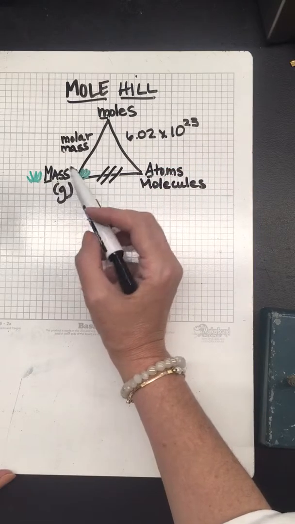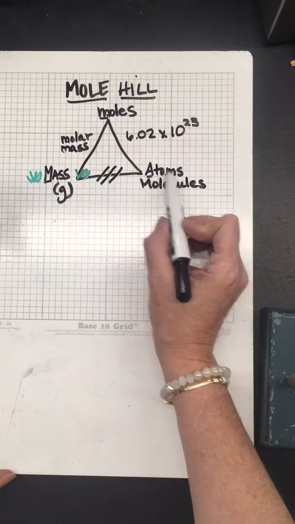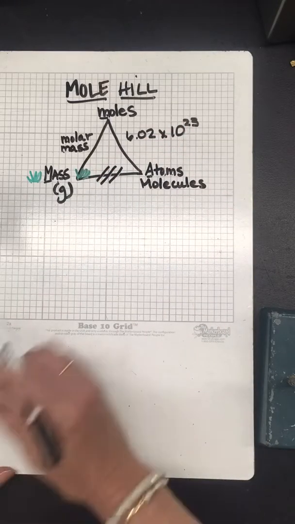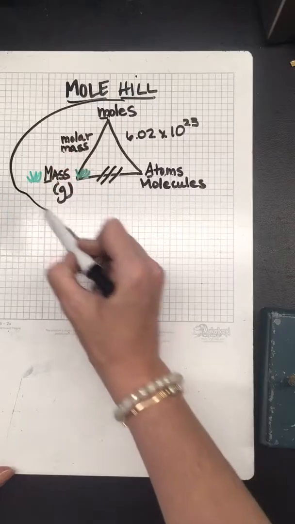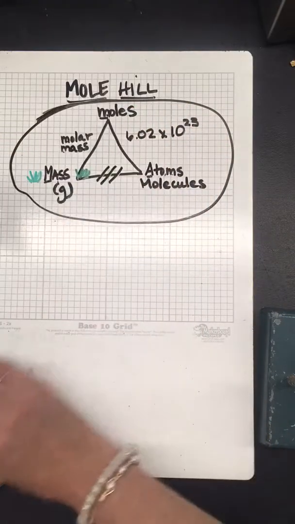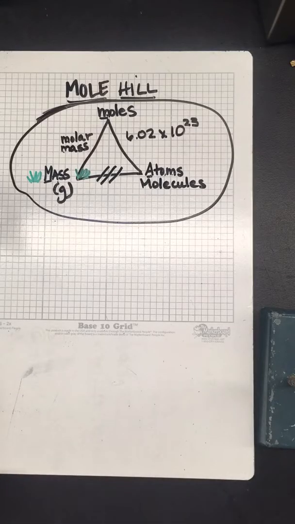So these problems, converting from mass to atoms or atoms to mass, are two-step problems. I give you this so that you can write that as number one on your test on Friday and use it to help you set your stoichiometry problems up, or your conversion problems up. So this is how it works.